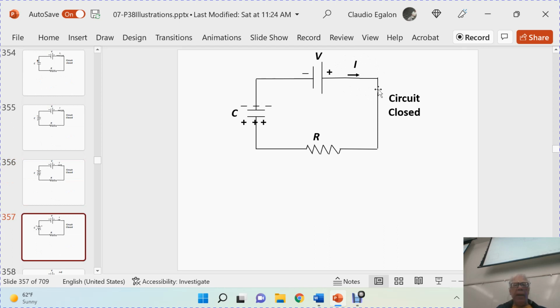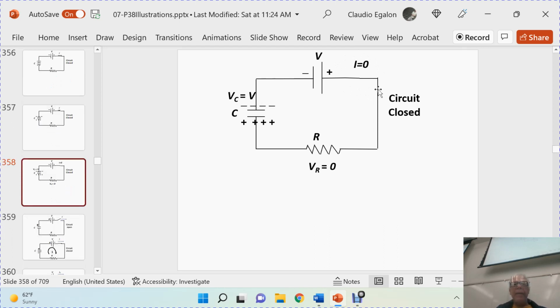Eventually, there is so much charge in the capacitor that the capacitor is able to cancel out the current that the battery is pumping into the system. It is at this point that the voltage in the capacitor, the potential difference between the two plates, is equal to the potential difference of the battery.